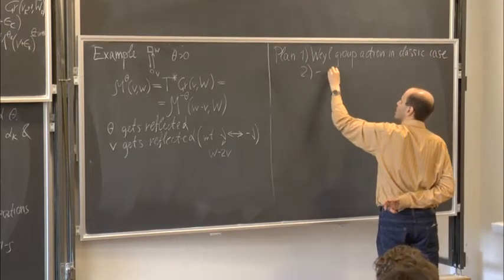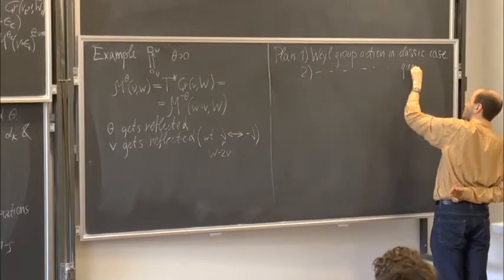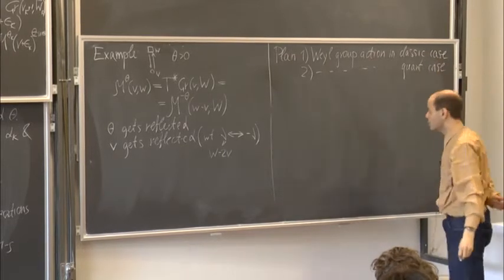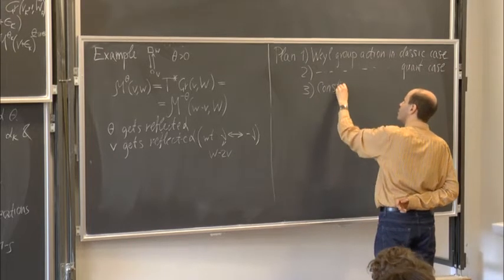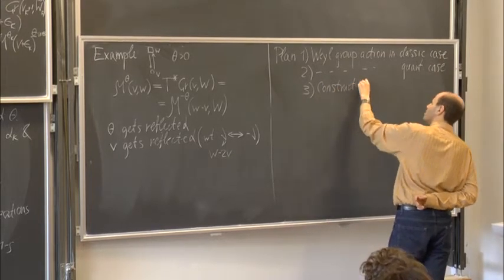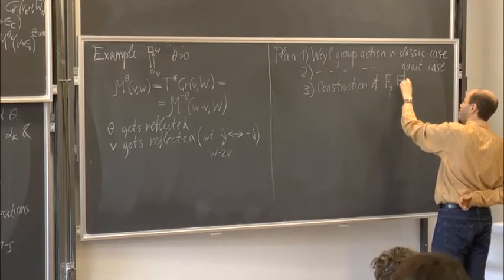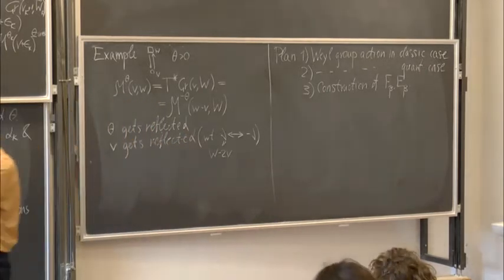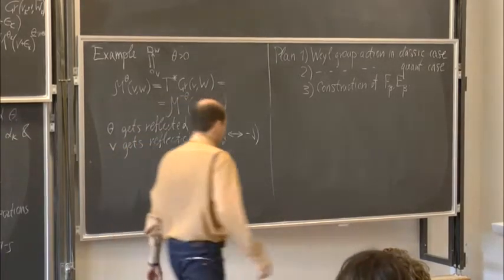Then I will do the same in the quantum case, meaning the action by isomorphisms on quantizations. And then I will construct the functors f beta and e beta. Okay? So that's what I'm going to do. All right.